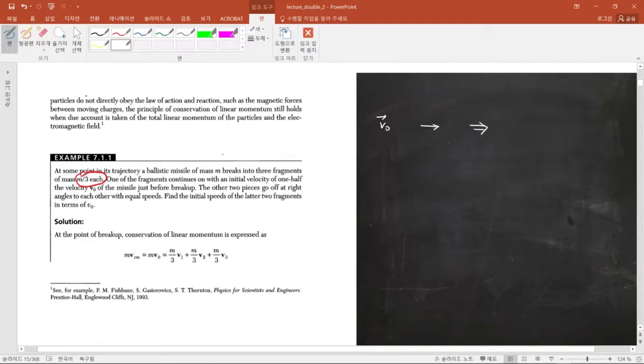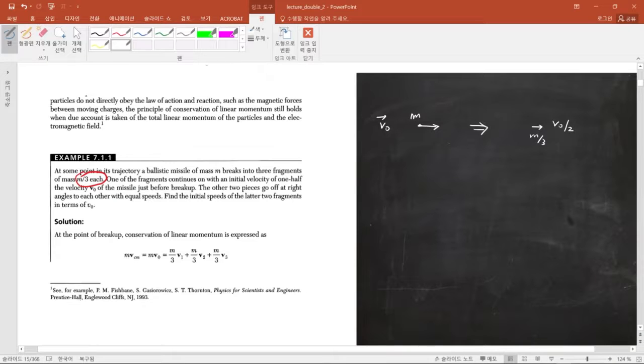One segment continues on with an initial velocity of V0 over 2. It was originally mass M, so it is M over 3.